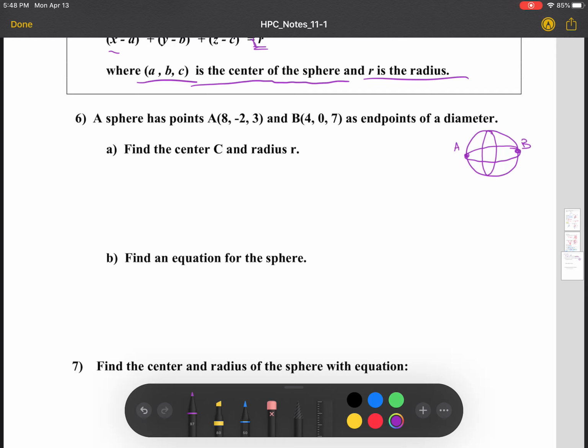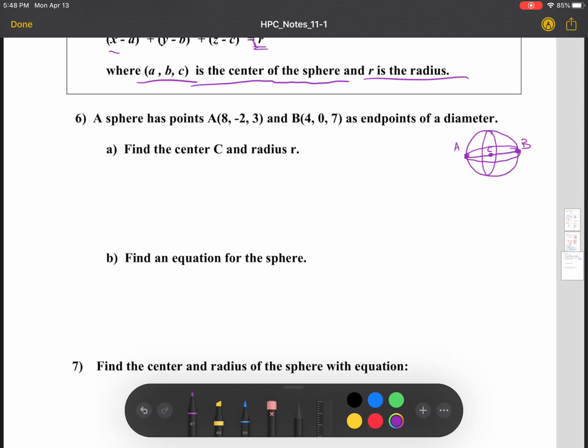We have point A, we have point B, and then we have a line, the diameter, that goes there, and we'll just say our point C is the center. Okay, so that's the visual we're looking at. Find the center C and the radius R.